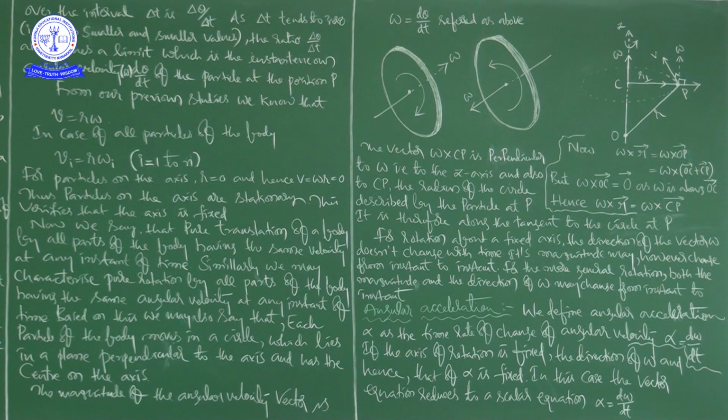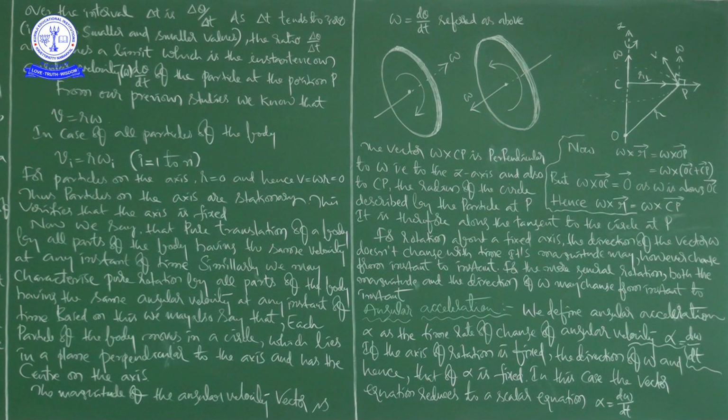If you observe carefully, this is the magnitude of omega cross CP, and omega and CP are perpendicular to each other.